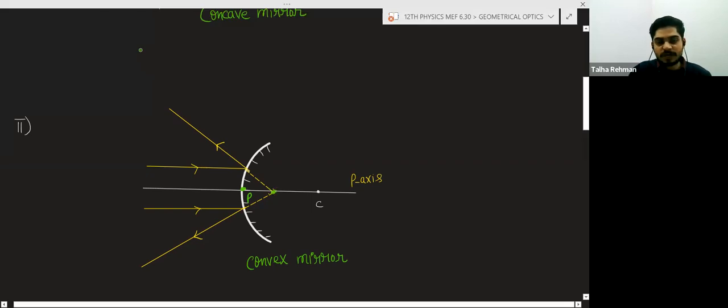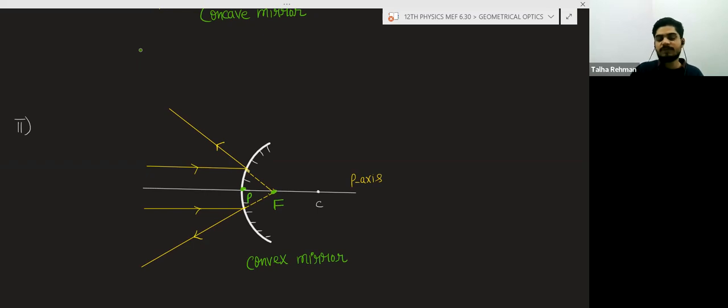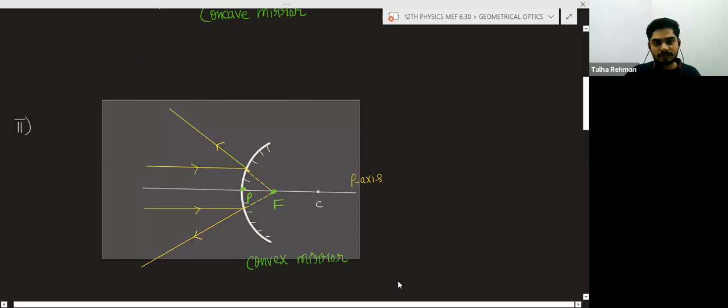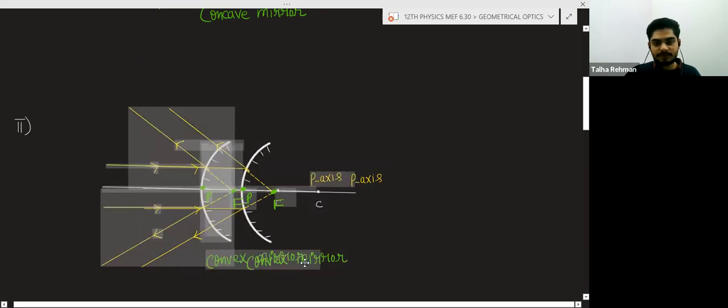That point is known as the focus of the convex mirror.